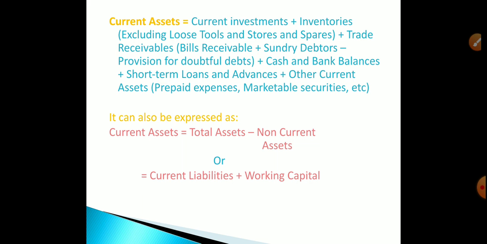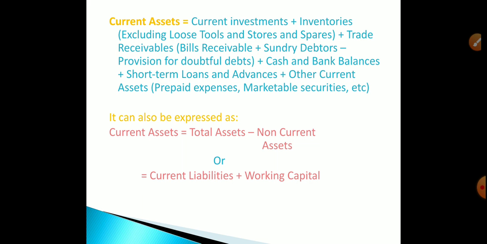So for the thing which is doubtful whether we'll receive it or not, or it might happen that we might receive it in future, that is why we are excluding the provision for doubtful debts. Next is cash and bank balances plus short-term loans and advances which the firm has provided to someone, plus other current assets. The other current assets include prepaid expenses, marketable securities, etc.